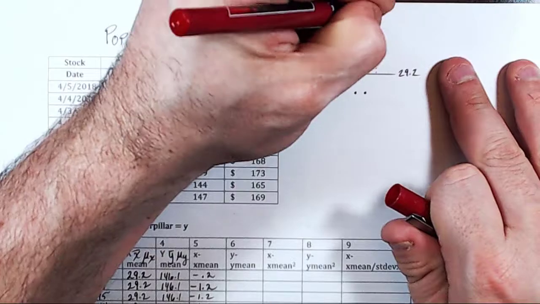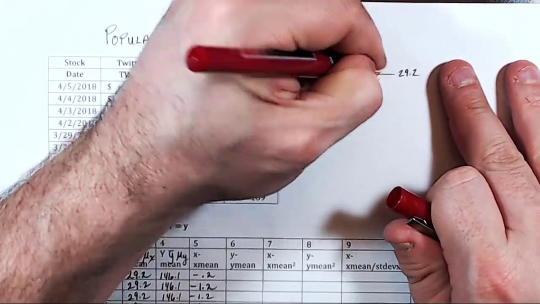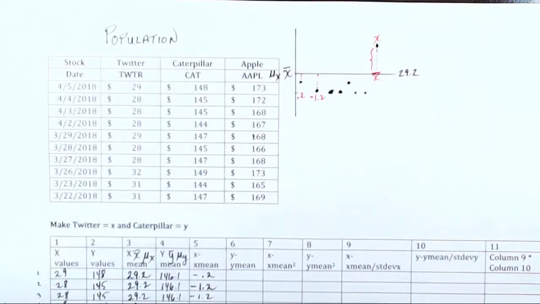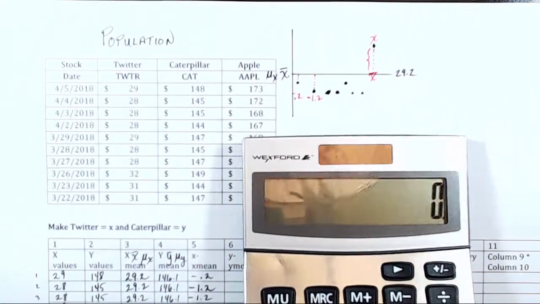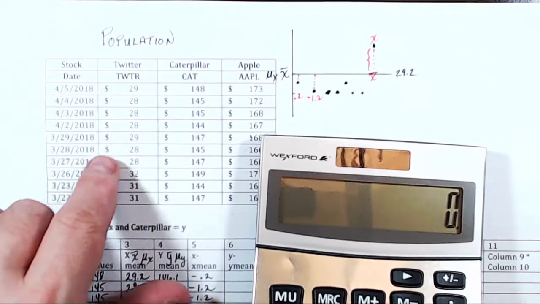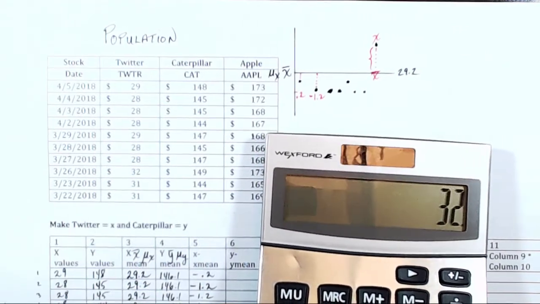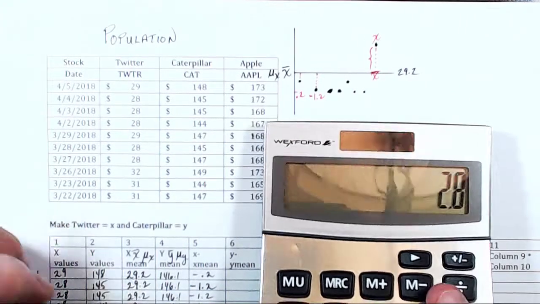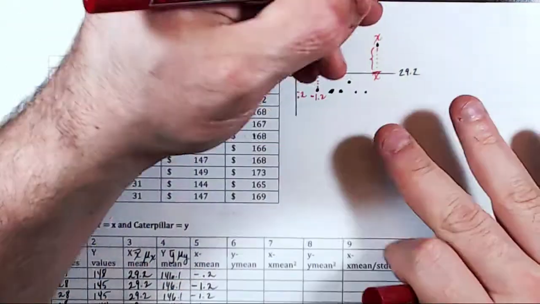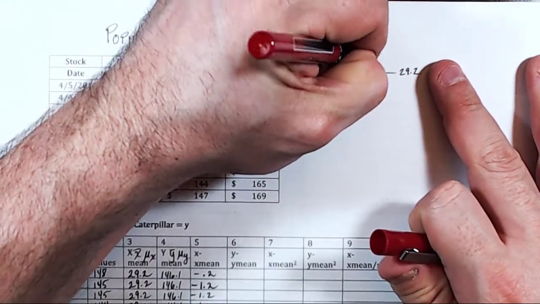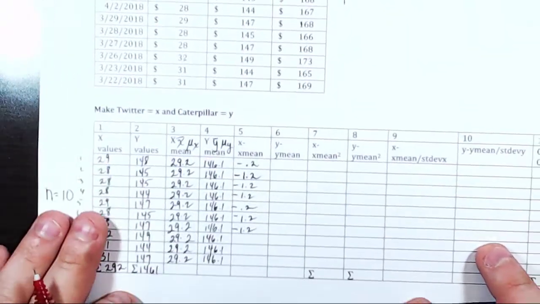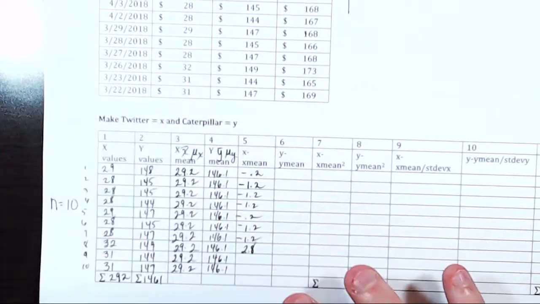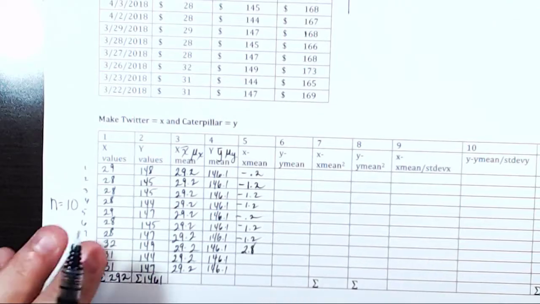So this is x, and this is the x mean, the average. That distance is just the price that's given, 32, minus 29.2, which is 2.8. So for this value, it's positive 2.8. We'll go down here and put 2.8.